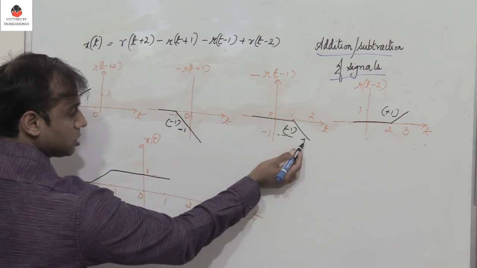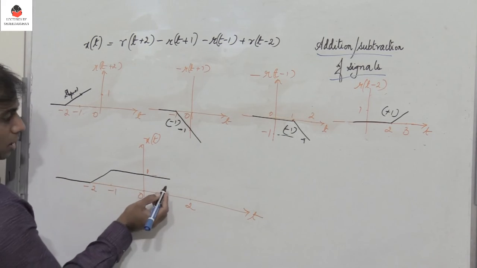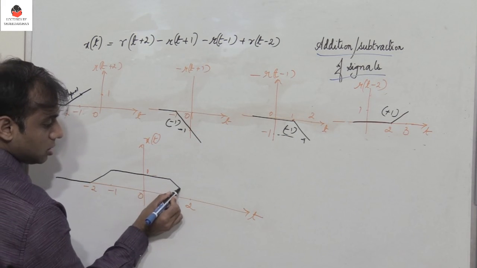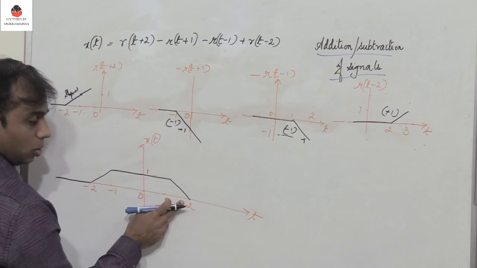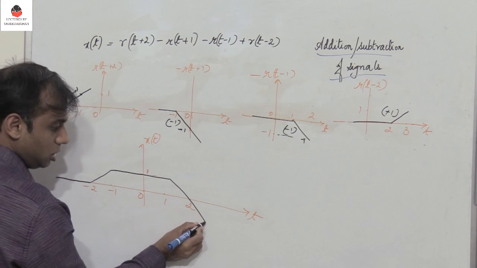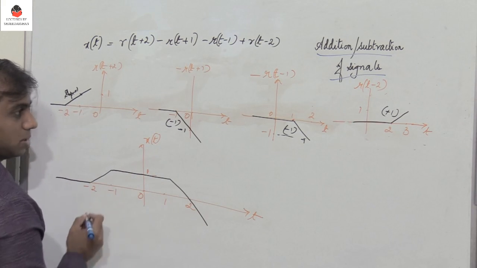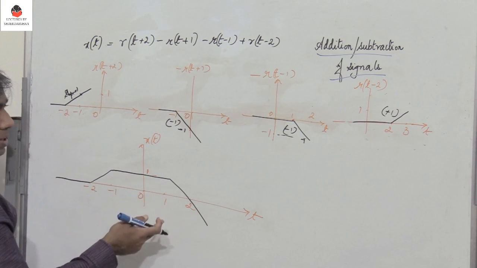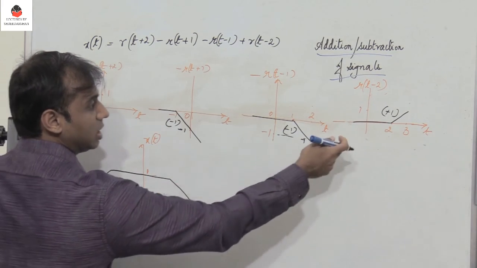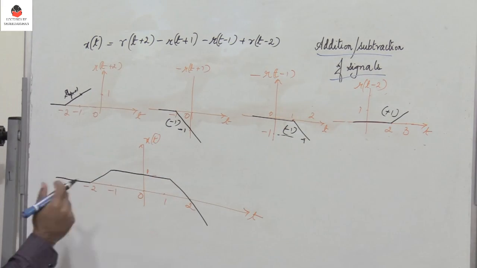So now what happens? The slope becomes -1. So at t equal to 1, the signal starts reducing and becomes 0 at t equal to 2, and it should continue decreasing because the slope is -1. But now what happens? At t equal to 2, the slope which was -1 gets added with another signal with slope equal to +1.